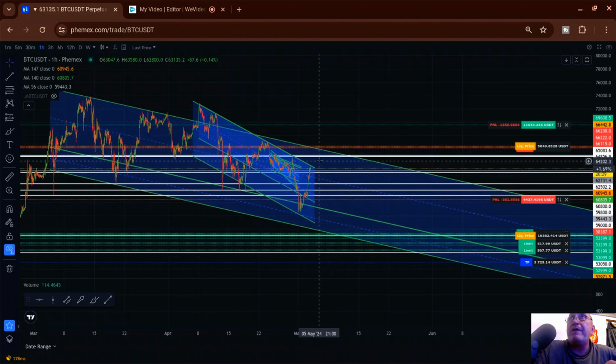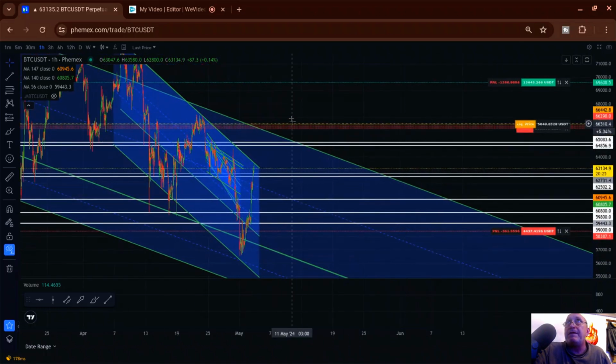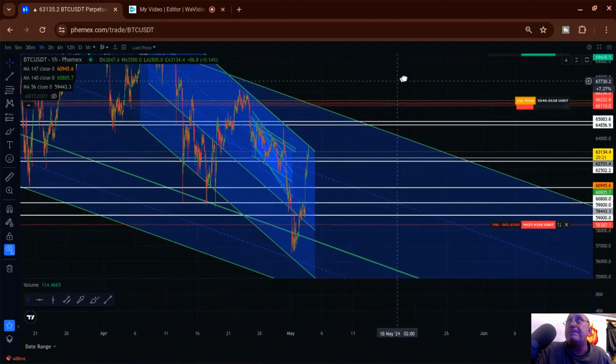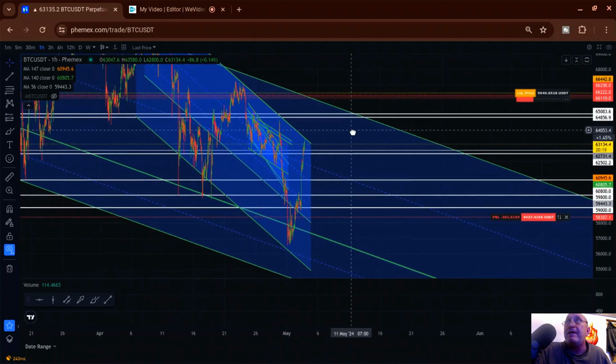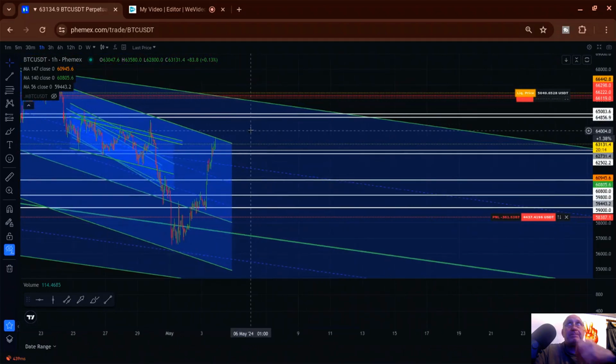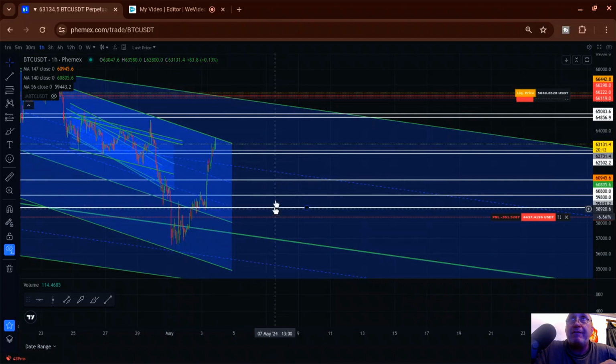Now it could still break through there, but now that I'm showing you where we're at here in the big picture, we're inside that big channel, still in a downtrend coming down, regardless of this pump. Keep in mind, this pump could just have a dump of about equal size and just come straight back down.